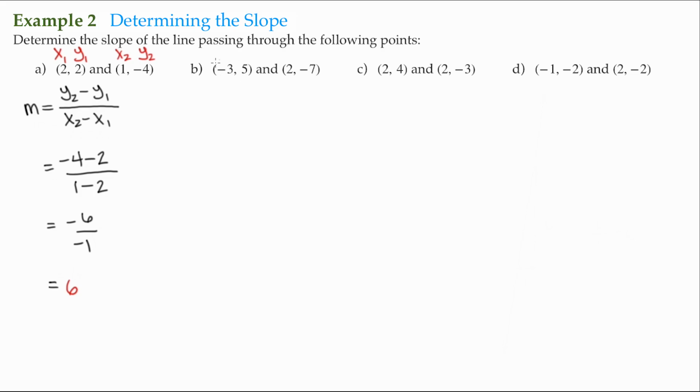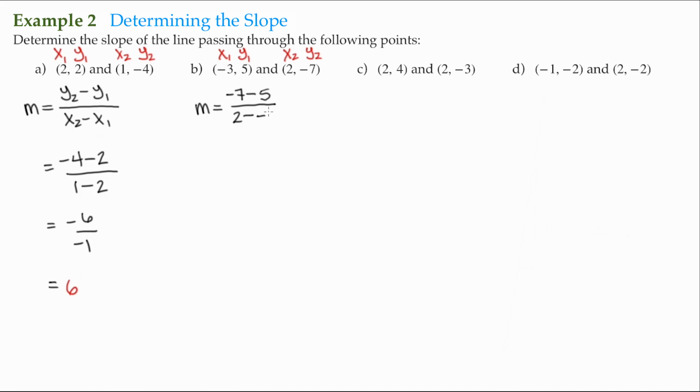So again, we have this ordered pair here, (negative 3, 5), and then we have (2, negative 7). A line passing through these 2 points, we're going to determine its slope. So if I label this as x sub 1, y sub 1, and this x sub 2, y sub 2, then we will have m is equal to y sub 2, which is negative 7, minus y sub 1, which is 5, over x sub 2, which is 2, minus x sub 1, which is negative 3.